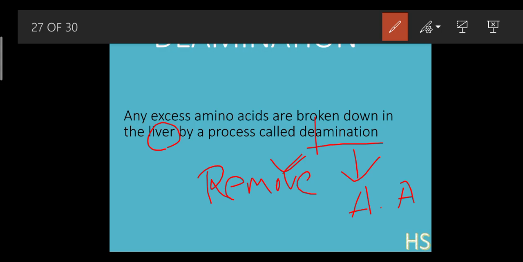As the amino acids cannot be stored in your body for a longer period of time, when there is too much accumulation of amino acids in our body, they get broken down. So where is this breaking down going to happen? Inside the liver. So this process is called deamination.